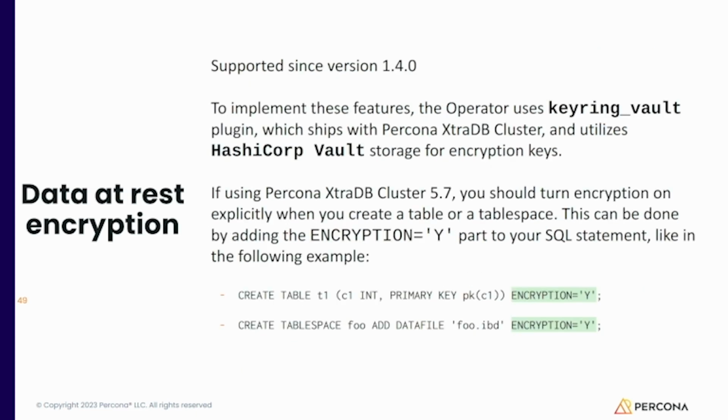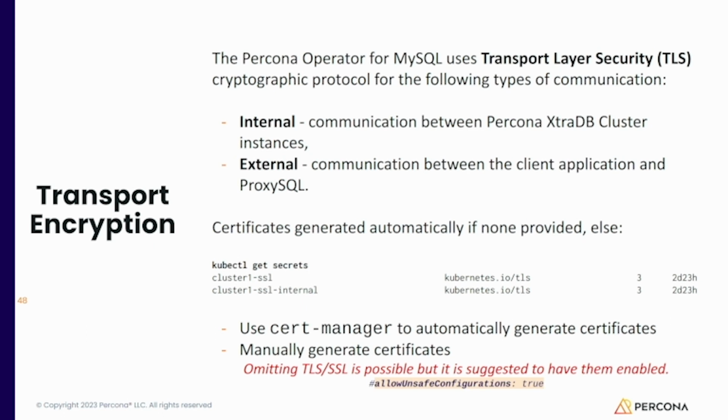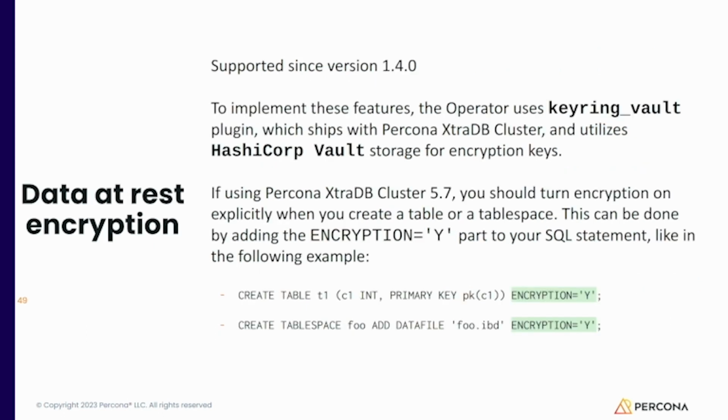Now, the previous was transport encryption. Now encryption at rest, so the data that's on the cluster can be encrypted as well. Encryption is actually a native MySQL and Percona Server feature.